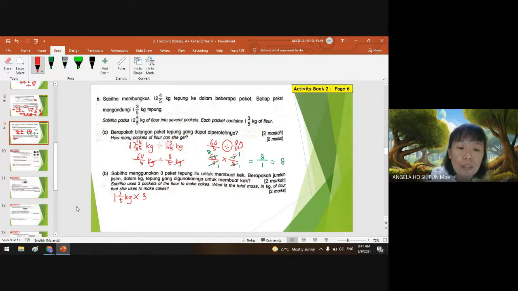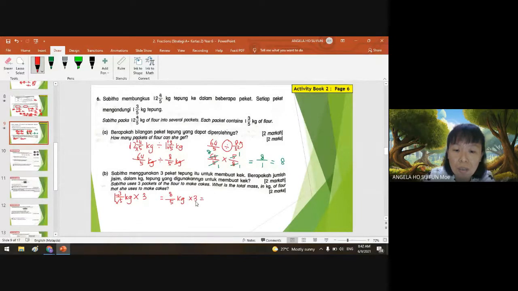Once again, change this to improper fraction. This is times and plus. You get 5 times 1 is 5 plus 3 is 8. So your answer here will be 8/5 kg times 3.